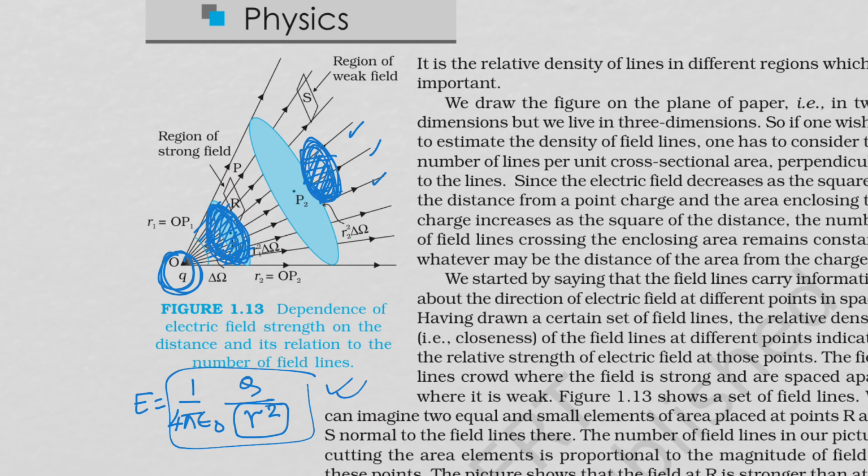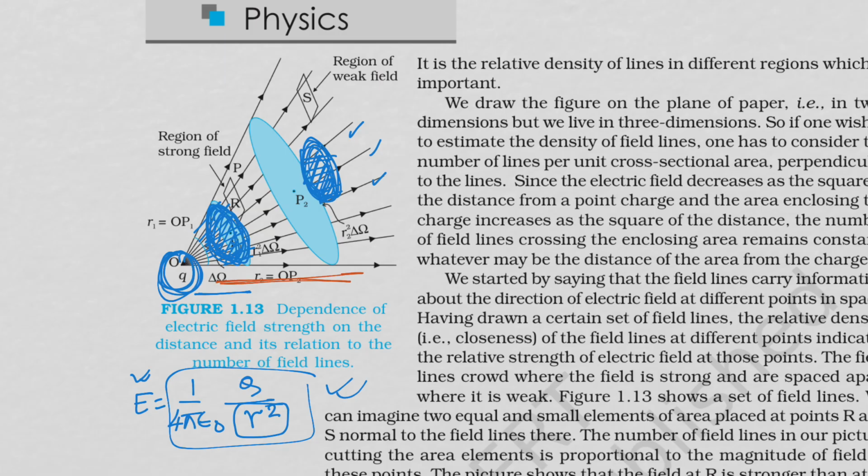So closer to the charge means less value of R, and less value of R gives more value of E. If you go farther from the charge, then the electric field will be weaker, because R is longer.